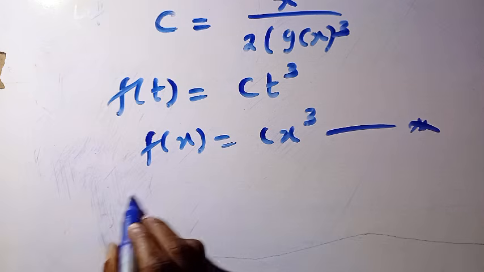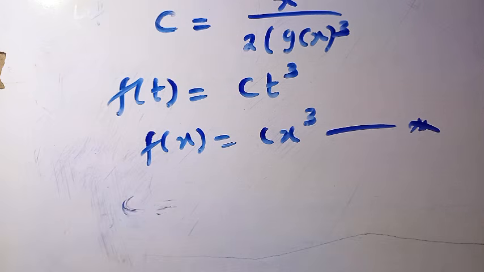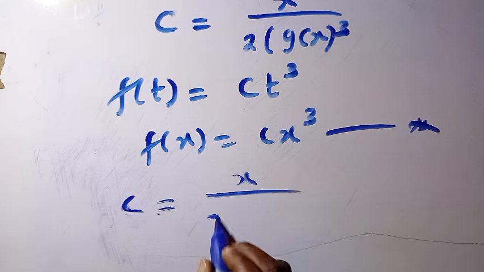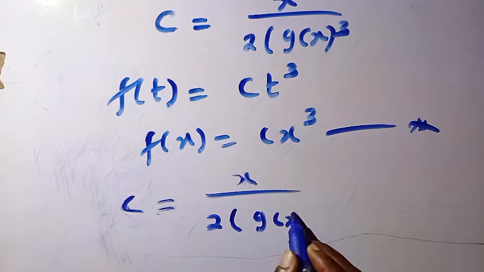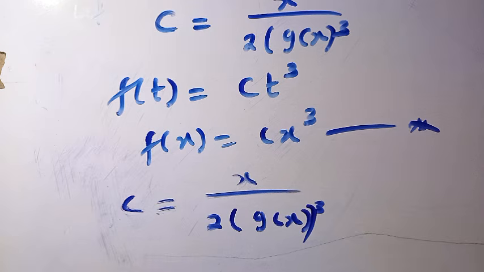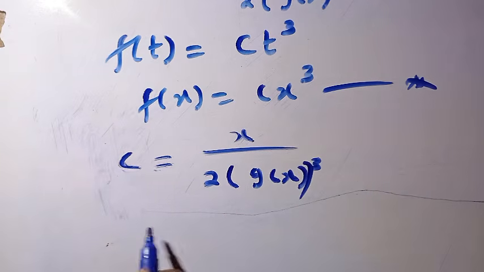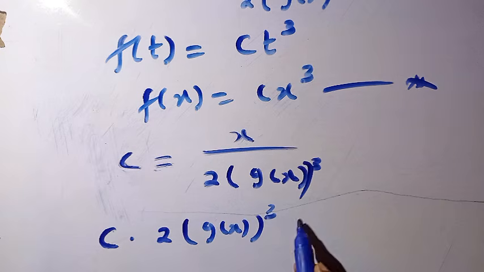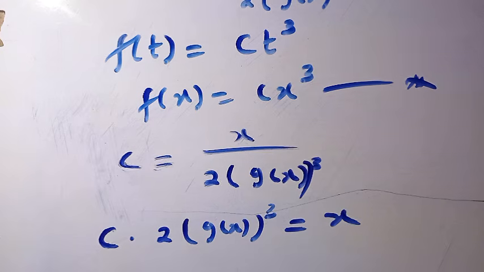Considering where we let c equals x divided by 2 into bracket of g of x cubed, if I make g of x cubed the subject of the formula, we have c multiplied by 2 into bracket of g of x cubed equals x.